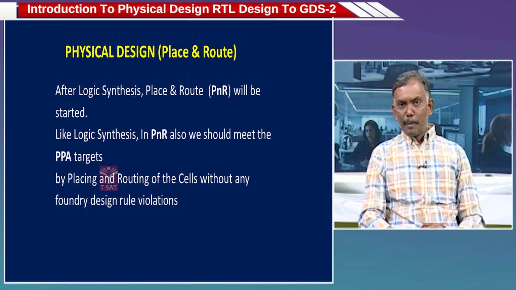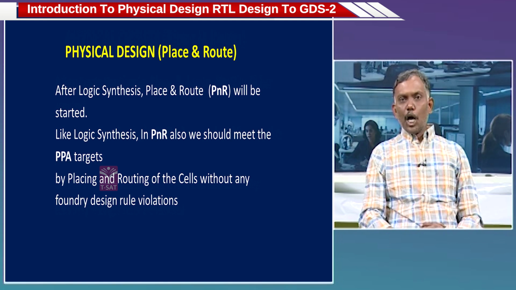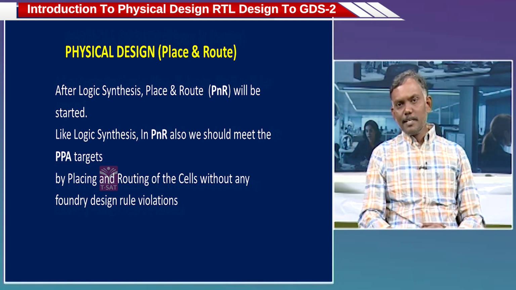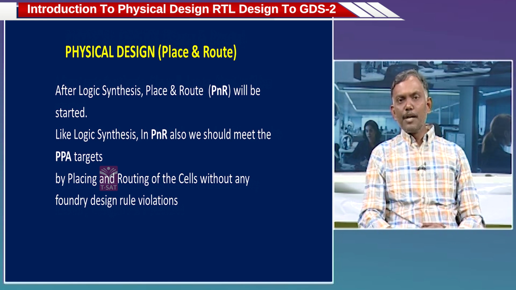You are placing all the components, IO pads, IPs, RAMs, standard cells, all in an area, and we are routing them. All the interconnections are routed. That's why we call it place and route. Placing the logic and routing them using the metal layers, that is called place and route.